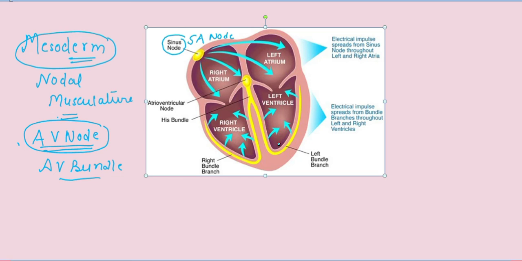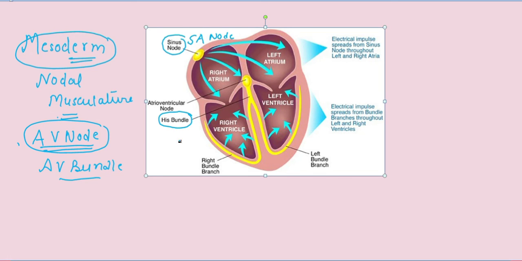Now the left and right bundles again branch into minute fibrils, and these fibrils are called Purkinje fibers. This arrangement, the right bundle and left bundle with the minute fibrils, is called the bundle of His, right?